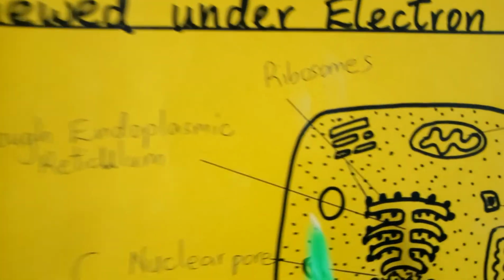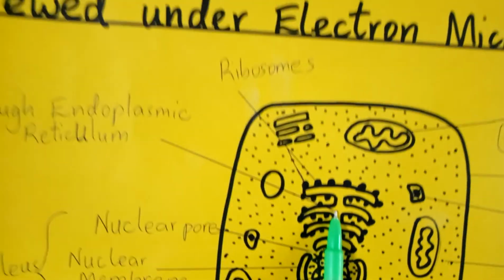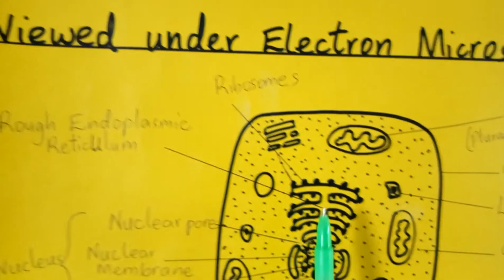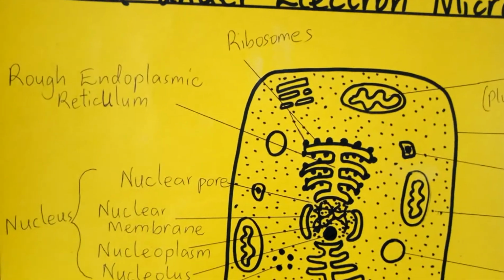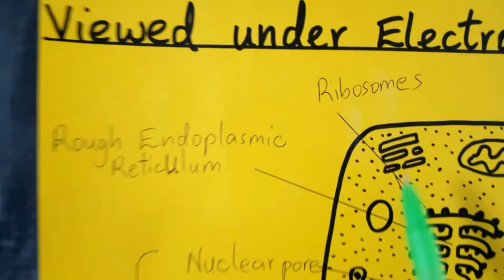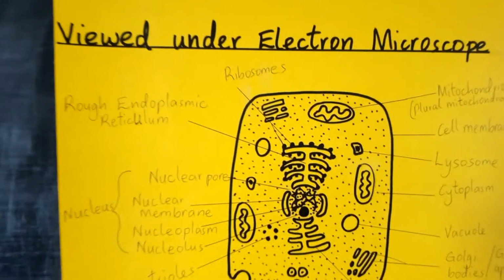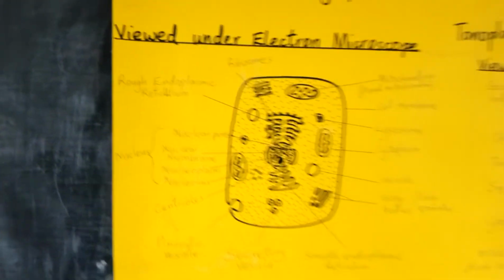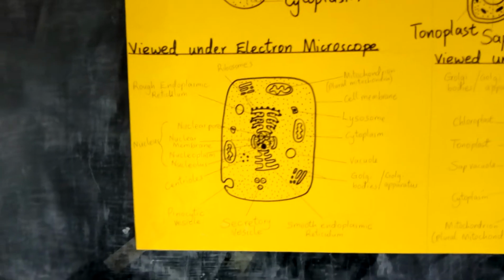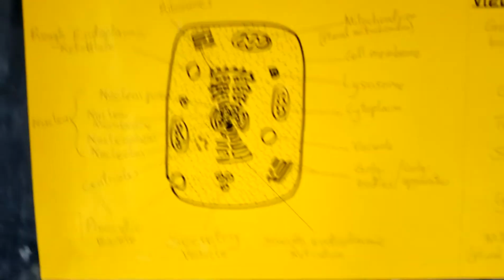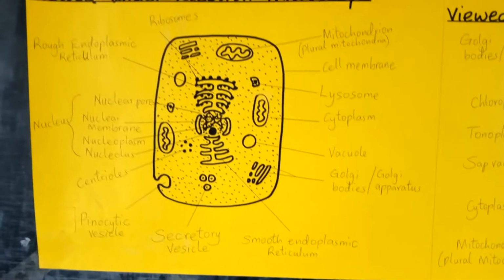Let's move on. We have the rough endoplasmic reticulum and the smooth endoplasmic reticulum. We had mentioned it earlier. And finally, we have the ribosomes. Those are the parts that are visible when you look at the animal cell under an electron microscope.